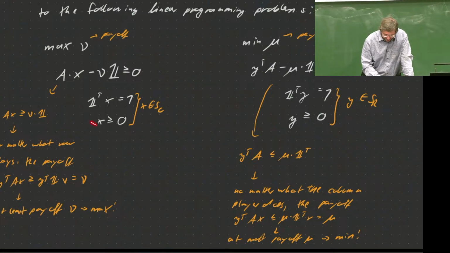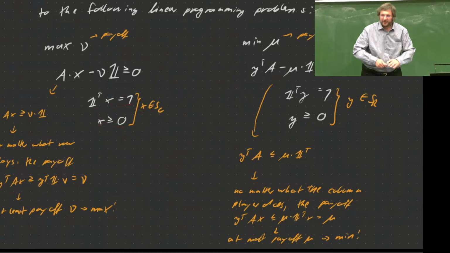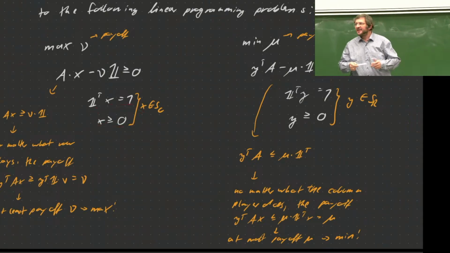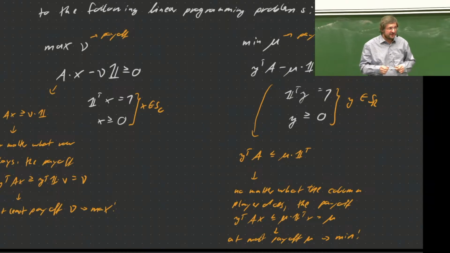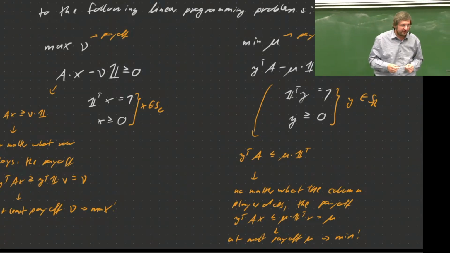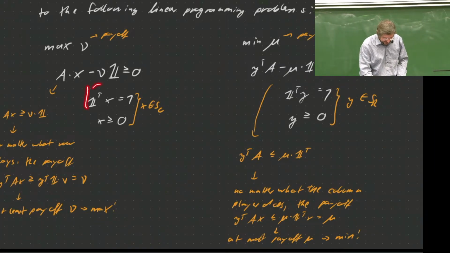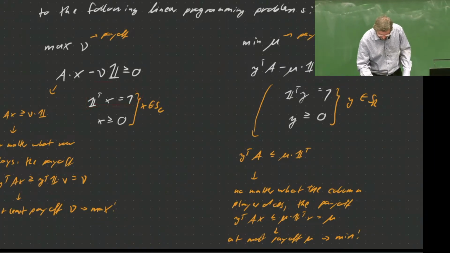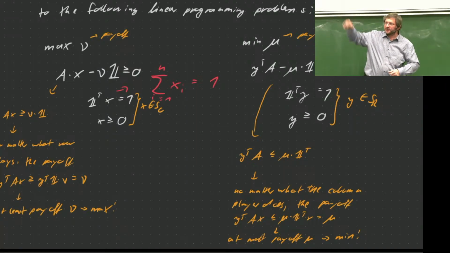This says all entries of that x vector have to be at least 0, so there are no negative entries. 0 is fine, but any positive entry is also fine. This expression here, maybe that's not immediately clear. What I mean by that is the sum of all the x_i's, from 1 to n, is 1, right? So the entries of that vector sum up to 1.